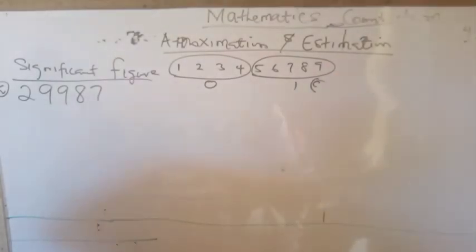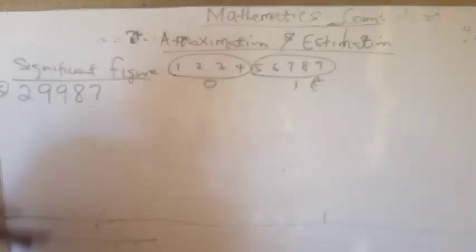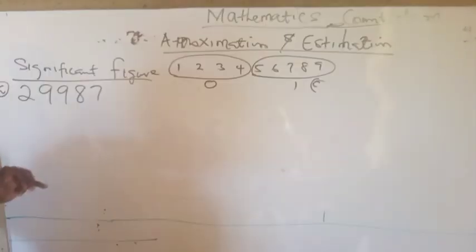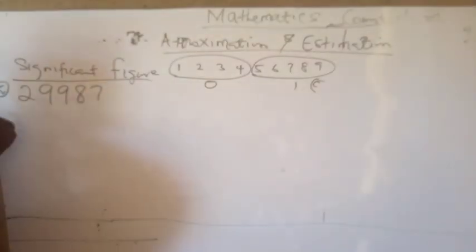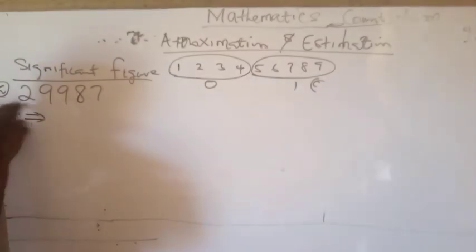Yes. This one is on significant figure. We are done with decimal places, where you start counting after the decimal point. But this one, we continue with significant figure. Now, to one significant figure: the first important number you have here is 2.